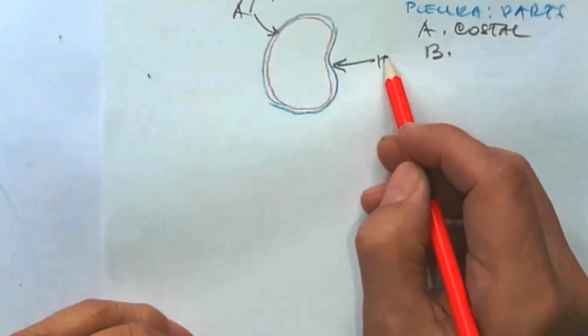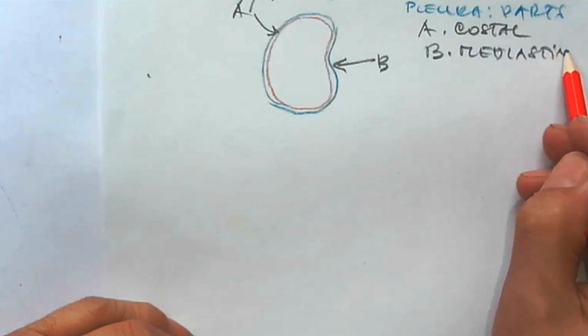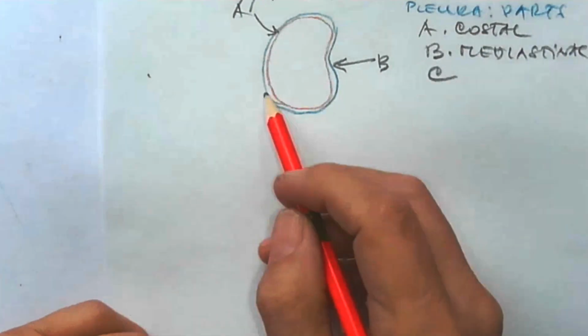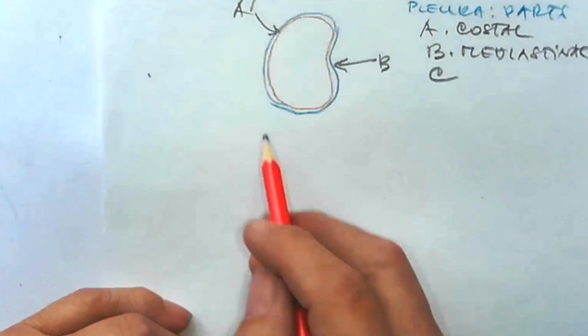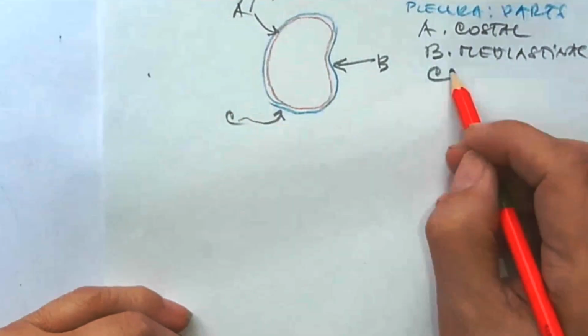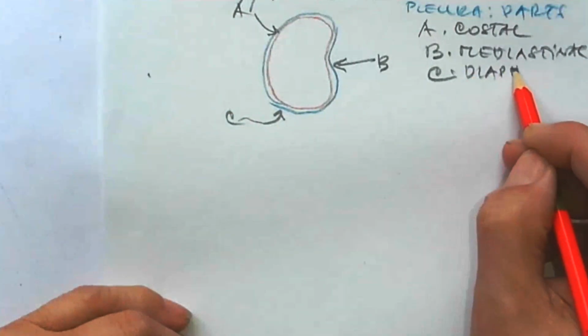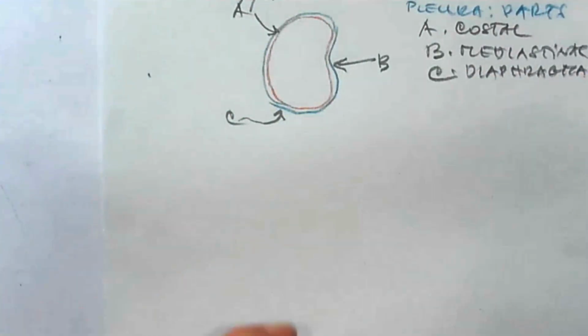We are at the level of mediastinal. And finally C is diaphragmatic. I don't see it because we are on the section, so C is below that. Just to know the terminology of the pleura. That's it, this is absolutely sufficient.